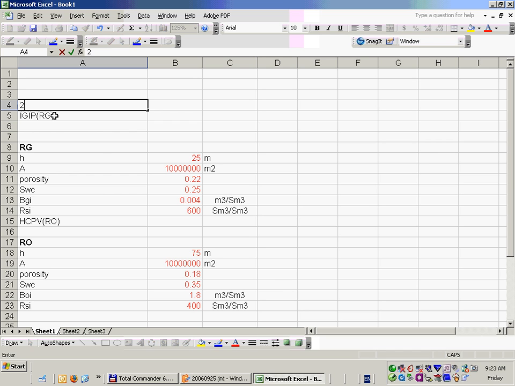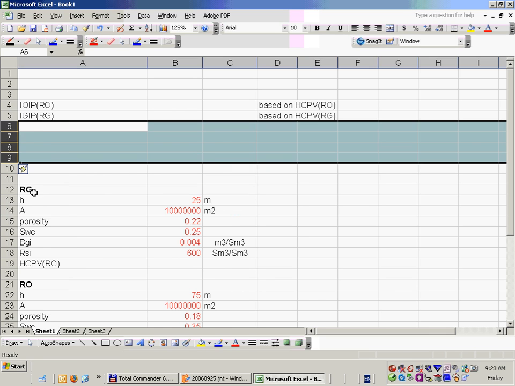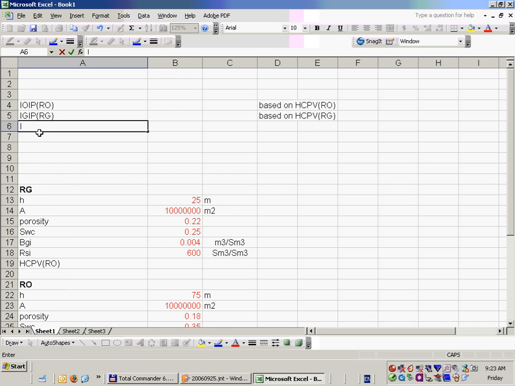We'll say based on hydrocarbon pore volumes of the reservoir. This is going to be based on the hydrocarbon pore volume of the gas. And then below that, we'll calculate the initial gas in place from the reservoir oil, which is a solution, and the initial oil in place from the reservoir gas.